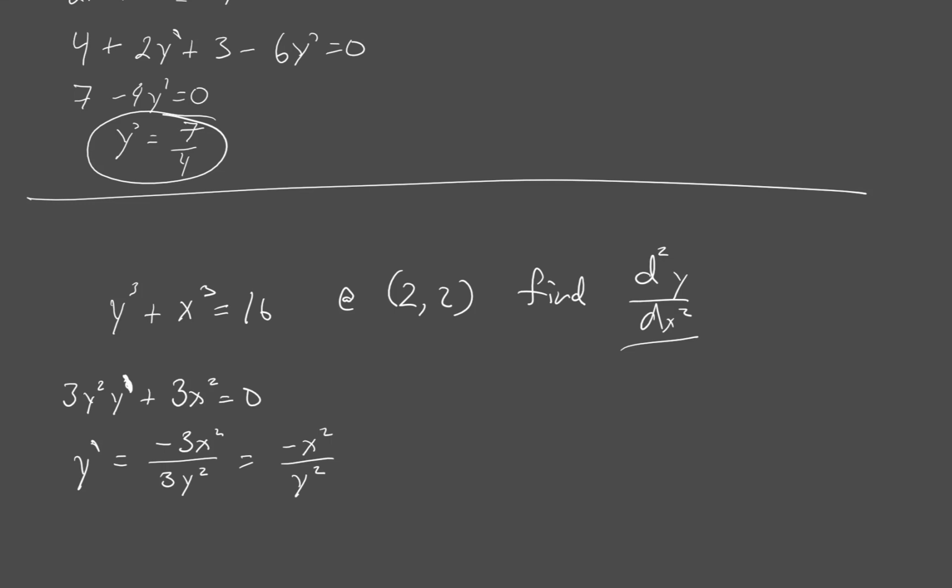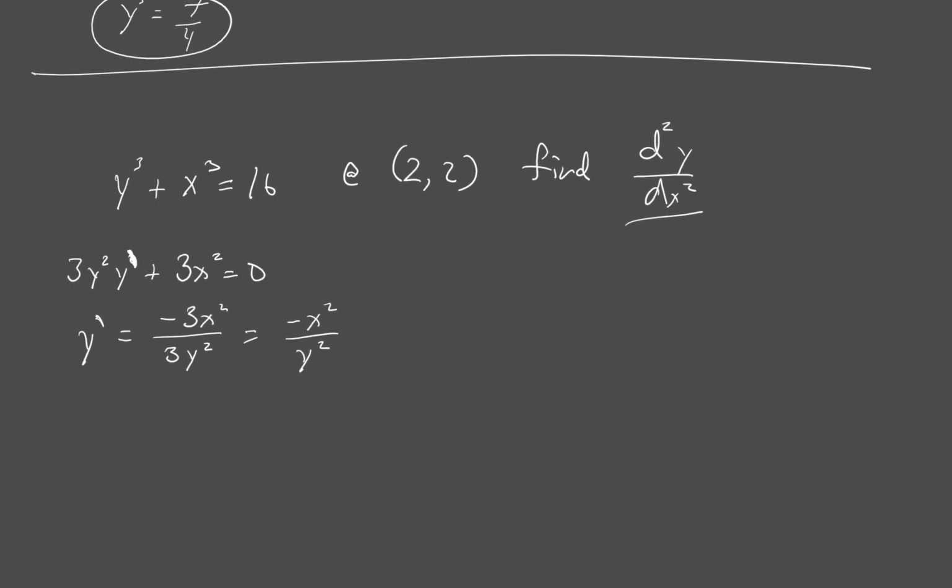And now I want to take the second derivative of this. Okay, so now I have to use the quotient rule. I can't just avoid the quotient rule because I've got this y prime stuff.